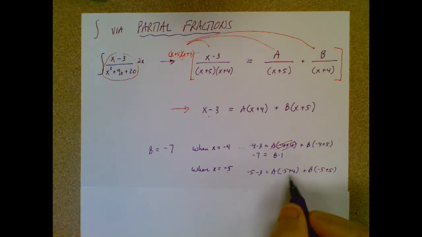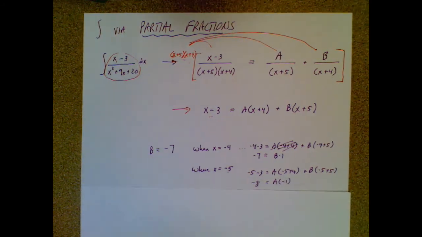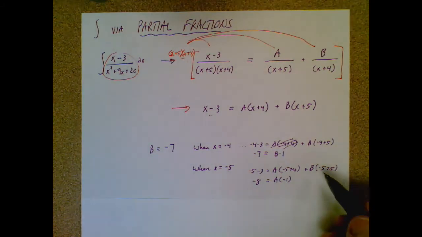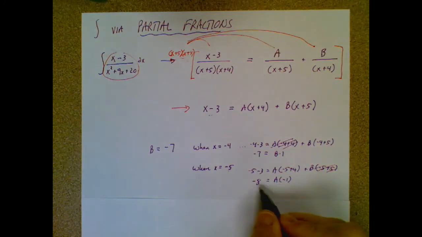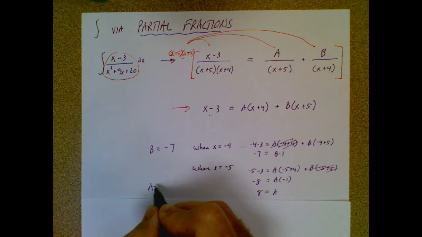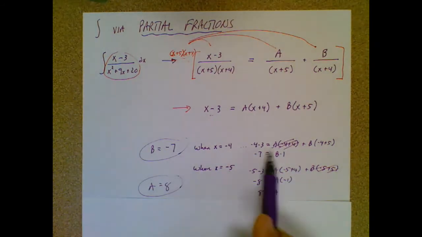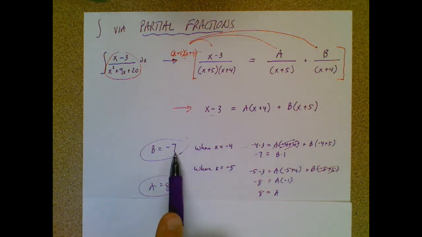What I end up with here is a times negative 1 equals negative 8. Remember, this part ended up being b times 0, so it went away. So if negative a equals negative 8, a equals positive 8. All right, so I had basically some algebra trickery to find out what a value for a and b might be.